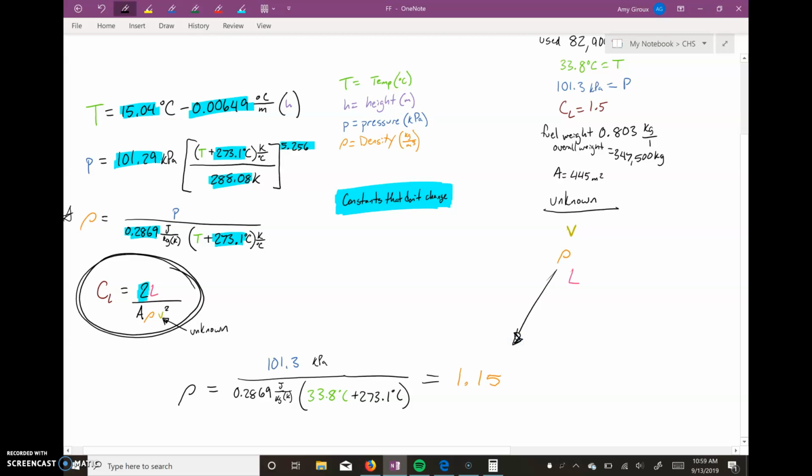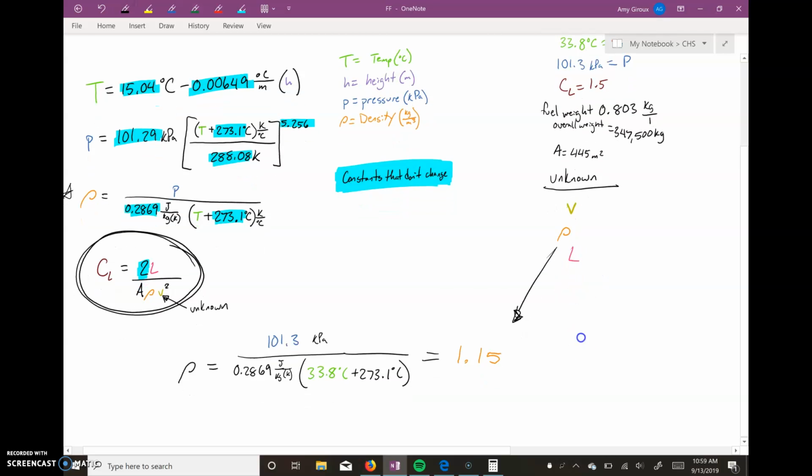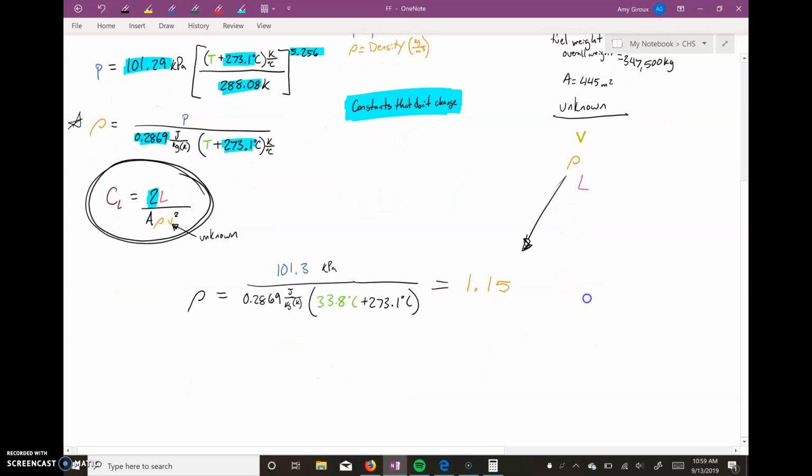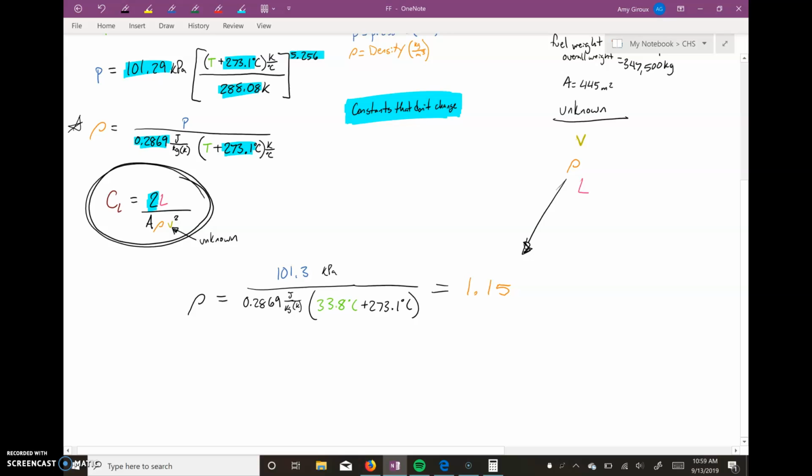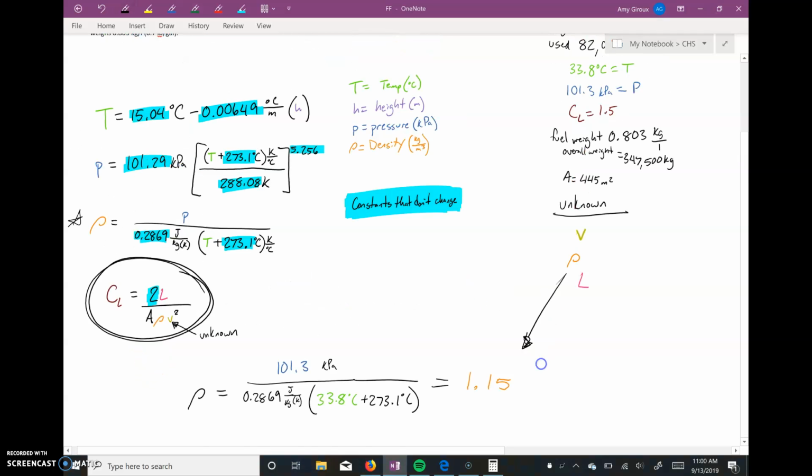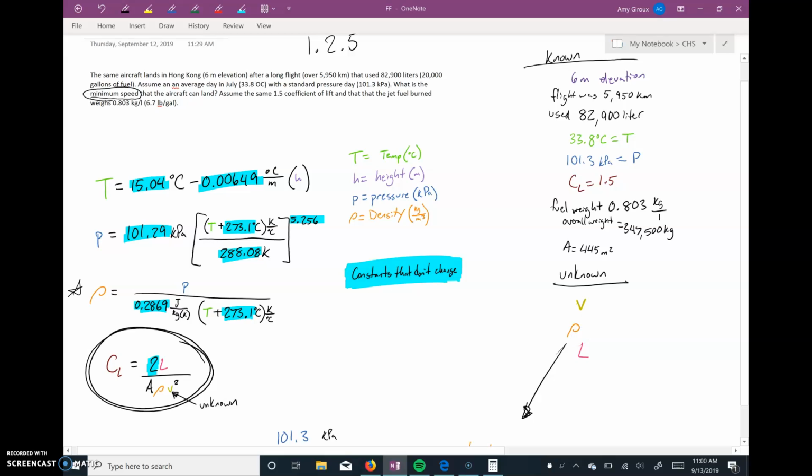All right, our next unknown is our lift. For our lift, we have to figure out the weight of our plane at the time of landing, which is what it's asking for. We know that we had an overall weight of this, our fuel weight was this, and we used a certain number of liters.